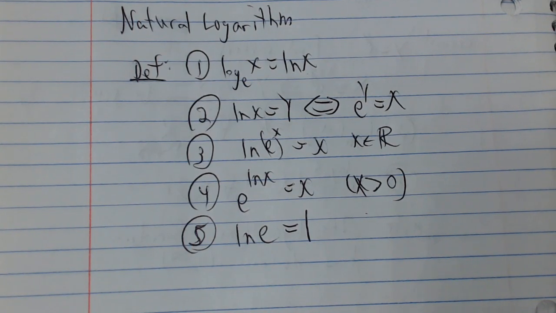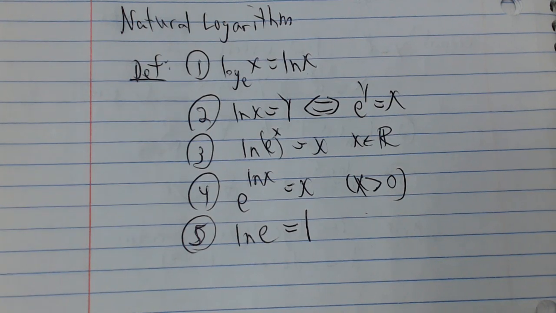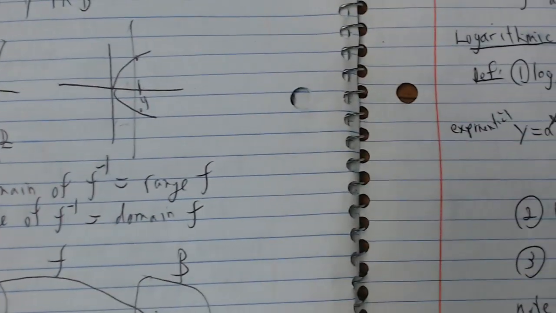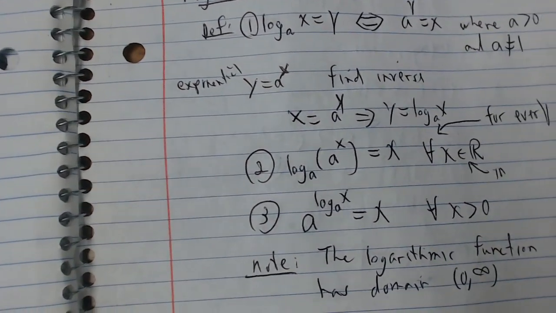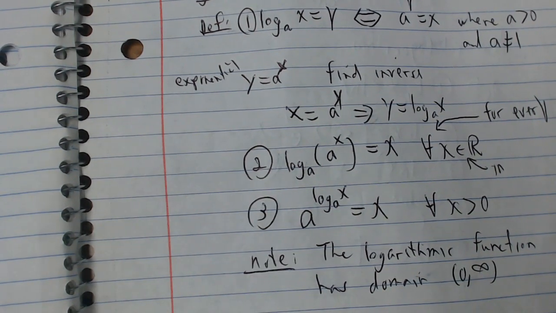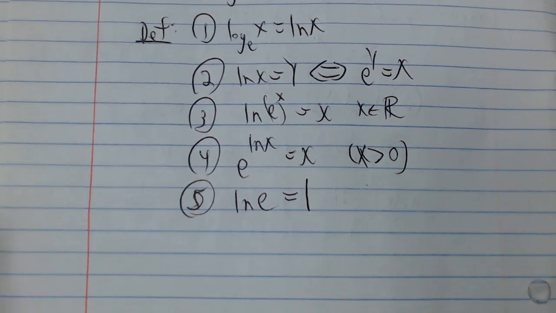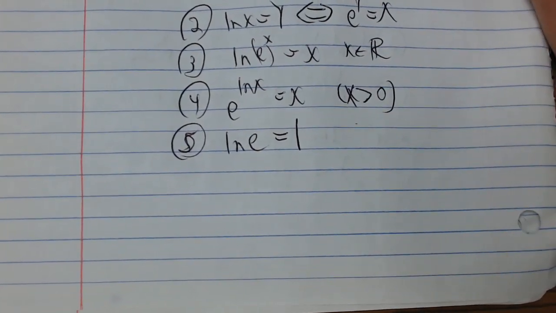And so, like I said, these properties are the same as the ones we talked about on this page right here. They're all the same thing, except instead of having a base a, now we have a base of e, which, if you remember, is that number 2.71, and so on. Okay, so let's look at our second example.